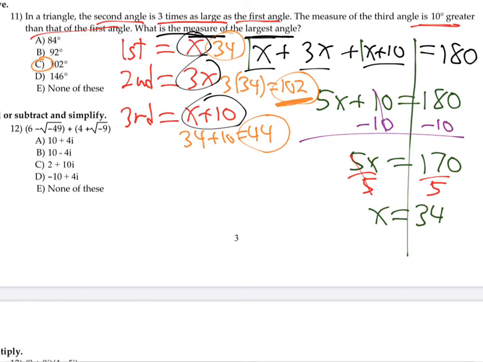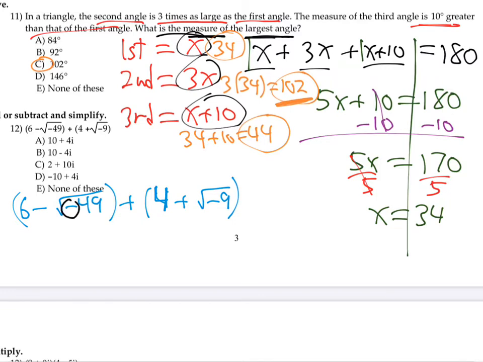Okay, so number 12. 6 minus the square root of minus 49 plus 4 plus the square root of minus 9. Do you remember? What is a negative inside of a root? Kicks out an i, right?